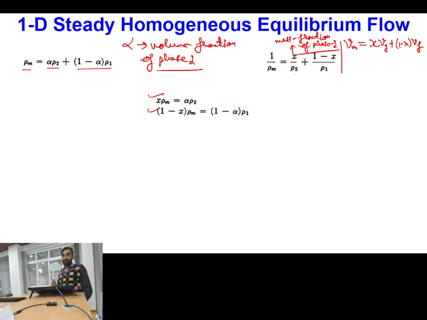x into rho m can be written in terms of alpha into rho 2, and 1 minus x into rho m can be written in terms of 1 minus alpha into rho 1. Can you derive these relations?